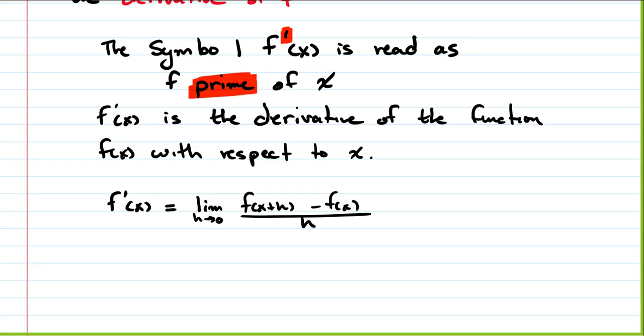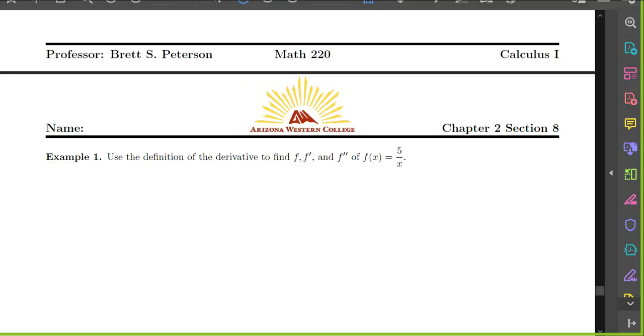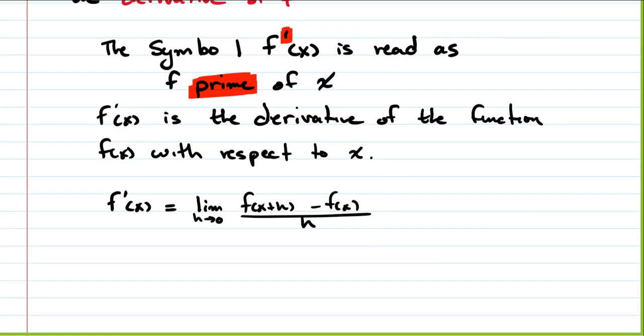The new function that we get when we do this is called the derivative of f, or f prime. We recognize that formula is just the difference quotient that we've been using the whole time, right? So we're just formalizing some vocabulary that goes along with our derivatives.